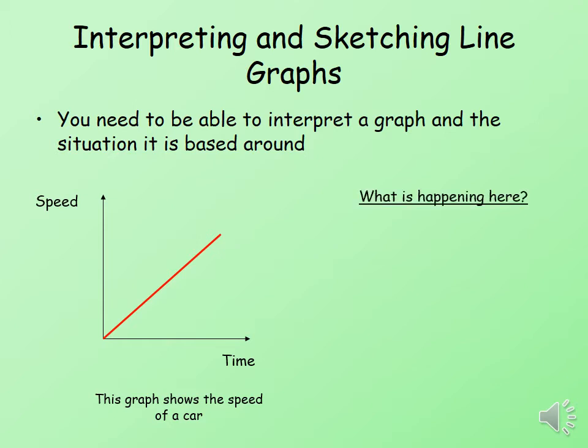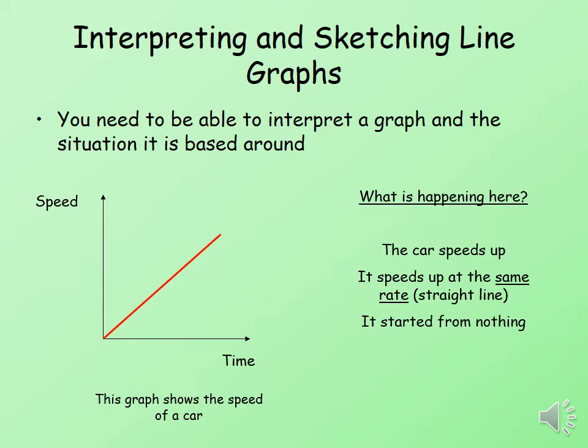Looking at this, my thought would be the car speeds up, it speeds up at the same rate in a straight line. That is almost like the final answer, but we'll write some more thoughts down. It started from nothing, so it starts from 0 and it increased gradually.